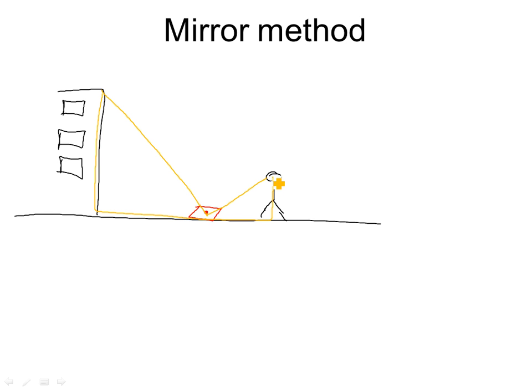And those two triangles, even though mine doesn't look like it, hopefully this is a right angle again, so this angle is congruent to this angle. And the angle that the person is looking down into the mirror is going to be congruent to the angle of the reflection of the building coming down to the mirror. So these two triangles have to be similar to each other by angle again.